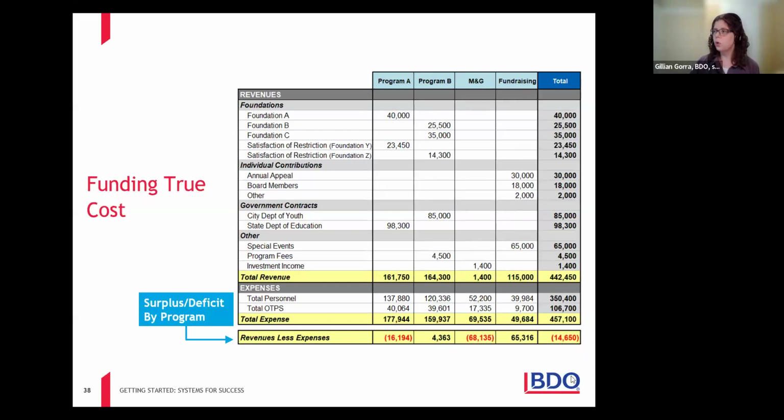They're still in total planning for a deficit of almost $15,000. So they really want to be working up either more unrestricted funding or more restricted funding in the areas that are underfunded. When you plan this way, now you can really start to build a fundraising activities calendar or direction where you need to go that's really well informed by your needs.